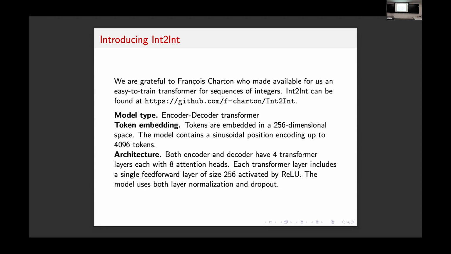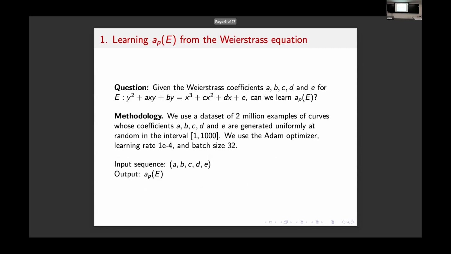The idea is that end-to-end is really geared for integer sequences to integer sequences. Mostly we used the default parameters in the model, except for some cases where I'll tell you exactly which learning rate, which batch size, etc. we used. For the first series of experiments, we're giving it 5 coefficients, A, B, C, D, E. Can we learn those Euler factors?